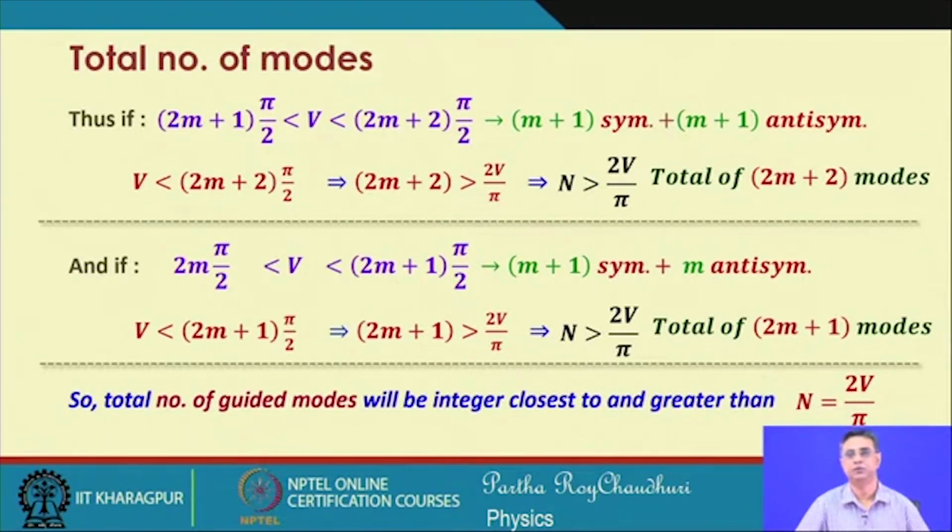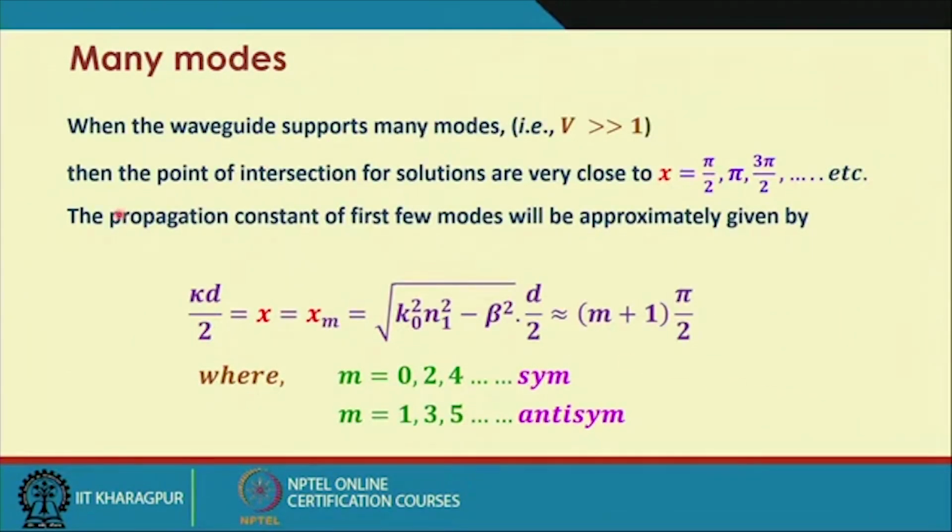This is a very beautiful finding, and it is used for determining the properties of the waveguide when we know the v number. It tells you that this v number gives you so many modes, that is k d by 2 equal to x, which approximately equals this quantity.